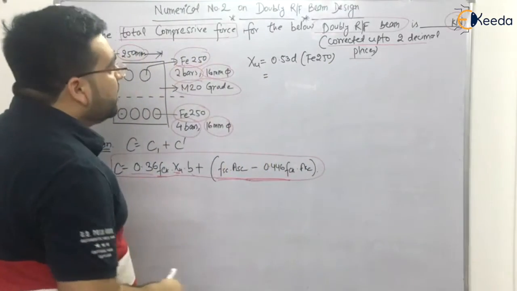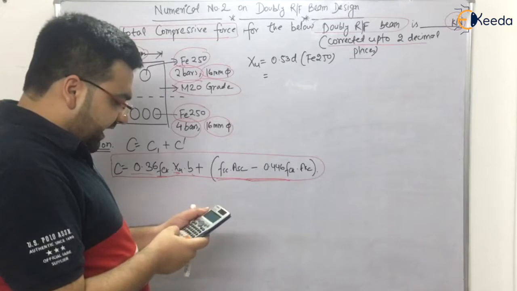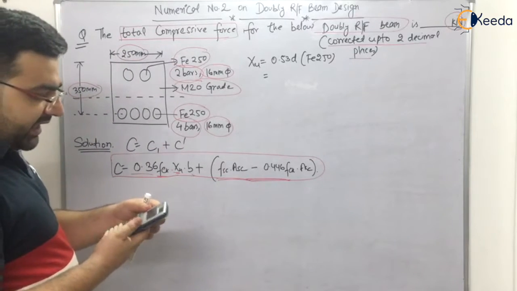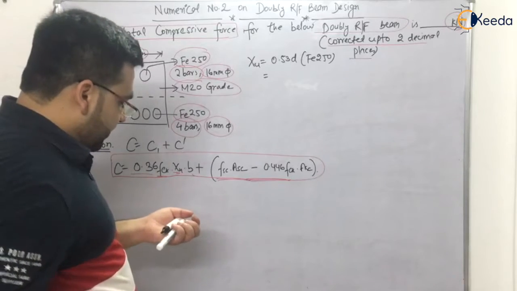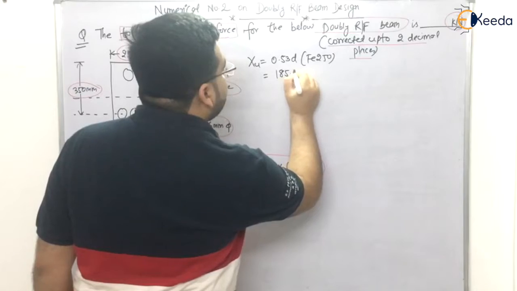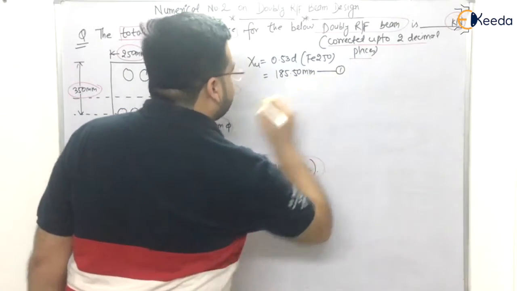Let me calculate it also. 0.53 into d, that is 350, comes out to be 185.5 mm. So xu is 185.50 mm.